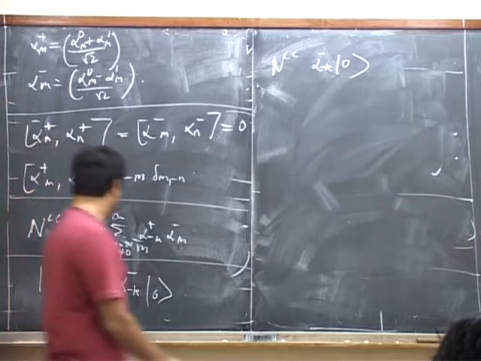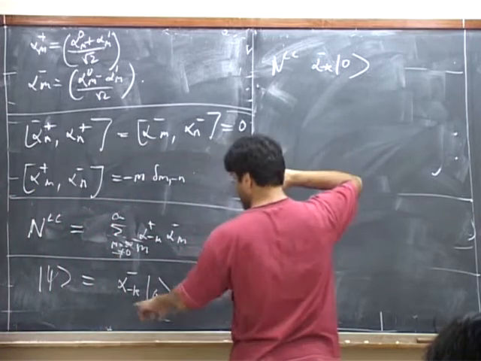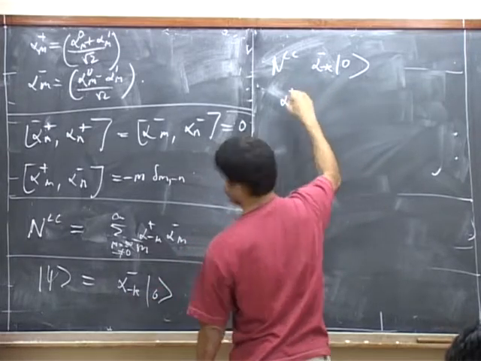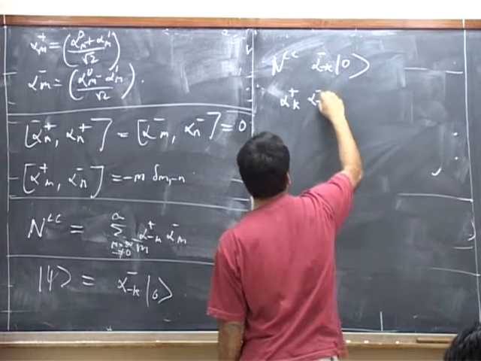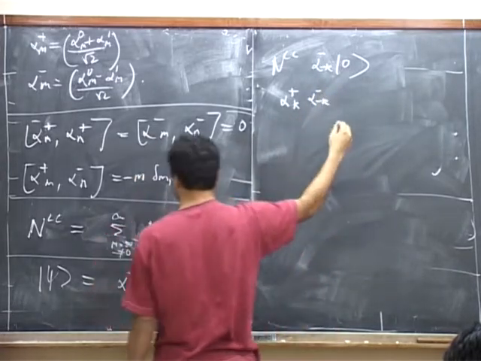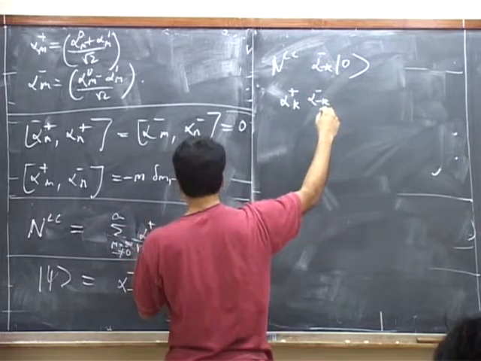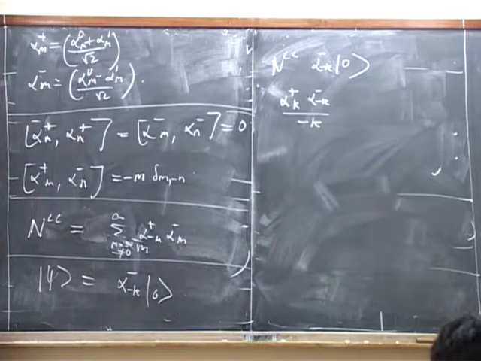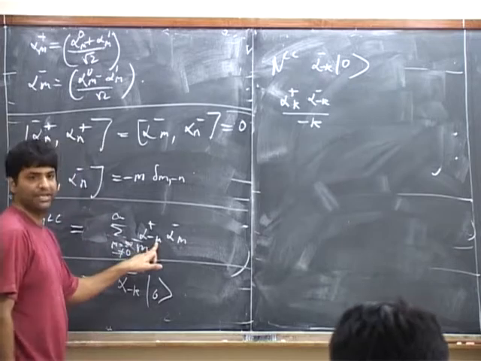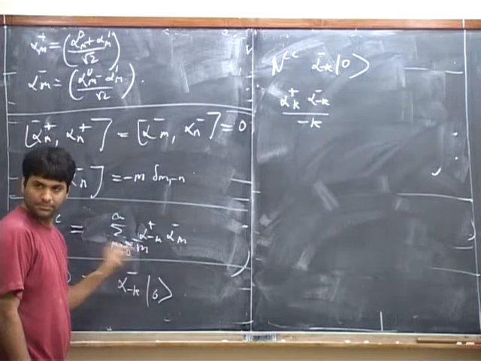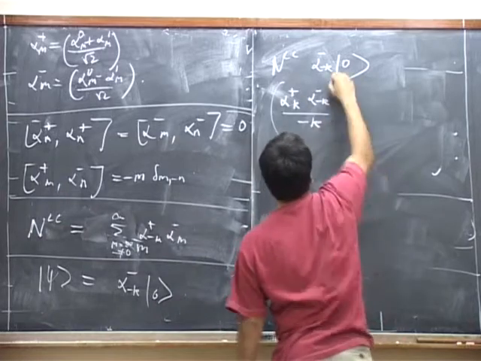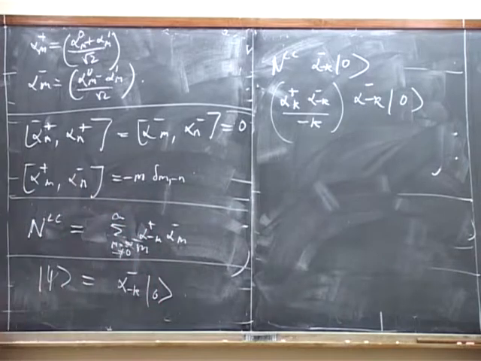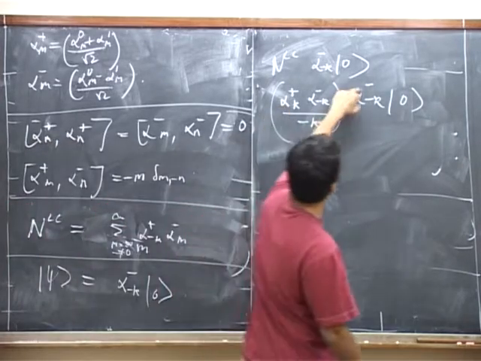So the only term that can contribute is alpha plus of k, alpha minus of minus k, divided by minus k, because we divide by the negative of the index on the plus. This acts on alpha minus of minus k on 0.